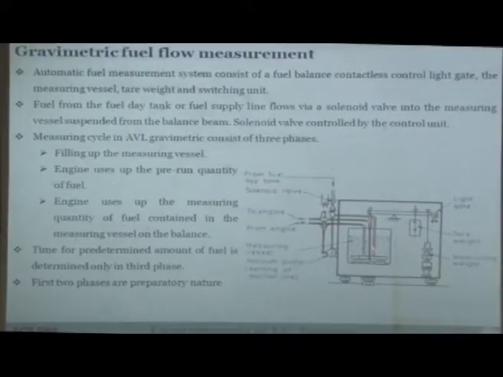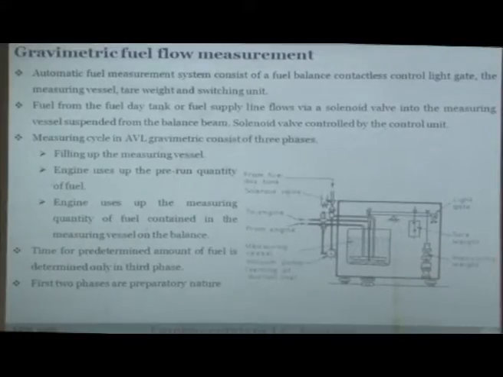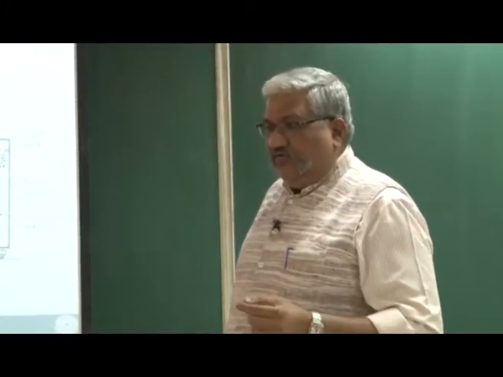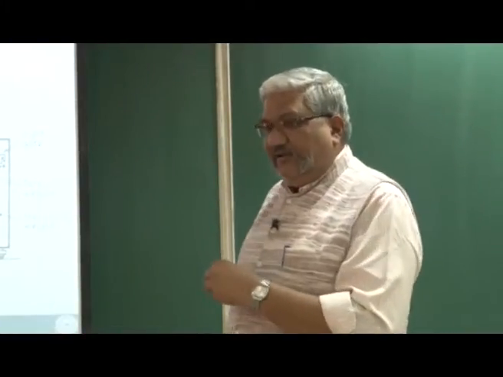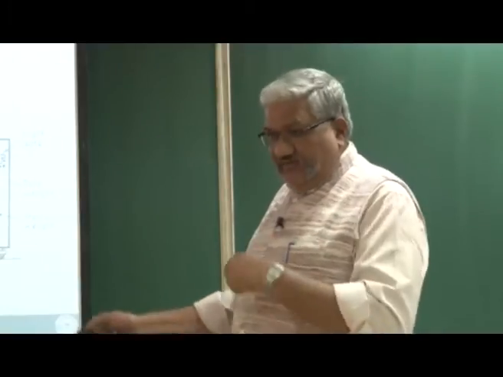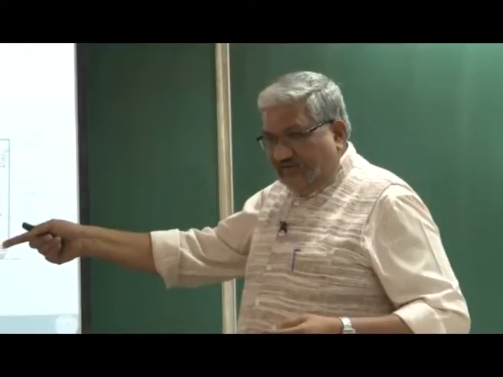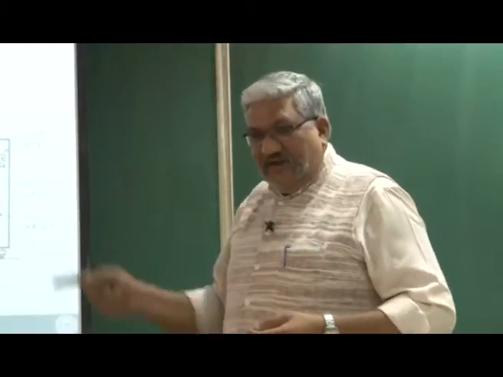The fuel is coming in from the tank, and fuel is going to the engine. If you look at a diesel engine and its injectors, not all the fuel that you put into the engine injector is injected into the engine. Some fuel is returned back. If you put it back in the tank but not into this device, it will be counted as consumed, but it is not actually consumed, it is coming back to your tank.